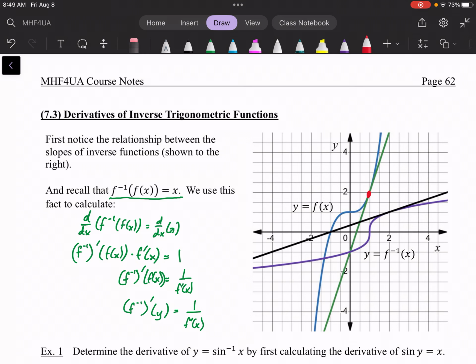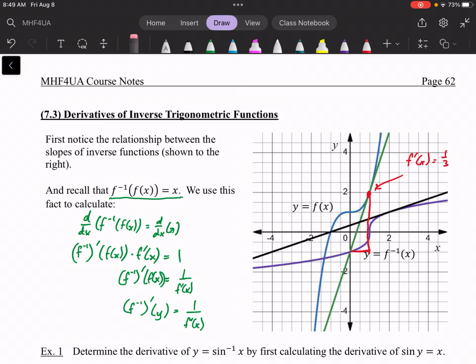let's say we take this point right here at 1, 2. The slope at 1, 2 is, let's see, it's 1 unit over, 3 units up. So what you can see is that slope, f prime of x, is equal to 1 over 3.